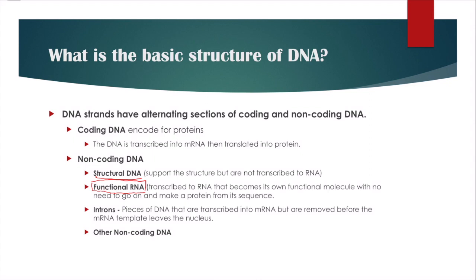Introns are pieces of the transcribed DNA, the photocopied DNA, that for some reason they remove after the fact. And you think, well, if you're going to transcribe or make a photocopy of DNA, and then you're going to cancel out all these areas, why didn't you just cancel that out to begin with?